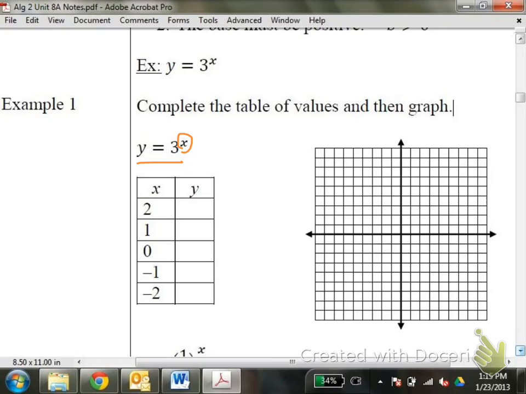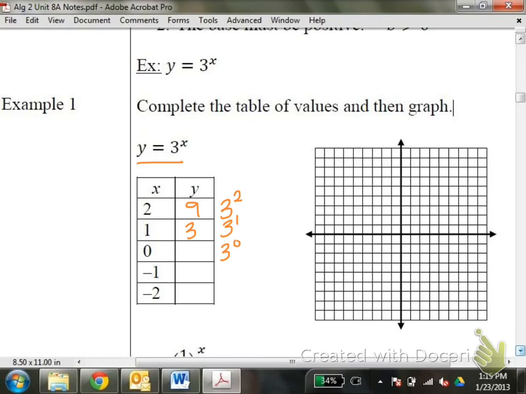Okay? So, if my x is 2, that means I'm going to be taking 3 to the power of 2, which gives me what? 9. If x is 1, that's going to be 3 to the power of 1, which is 3. This one is kind of nice.